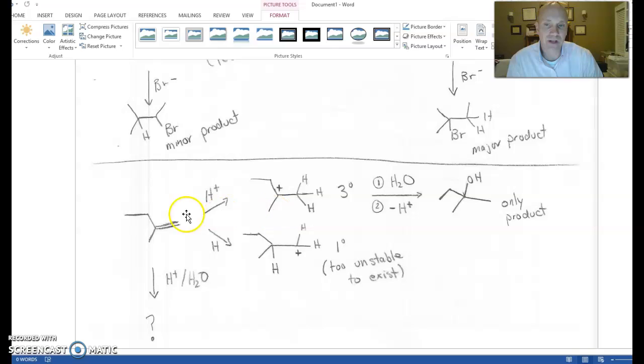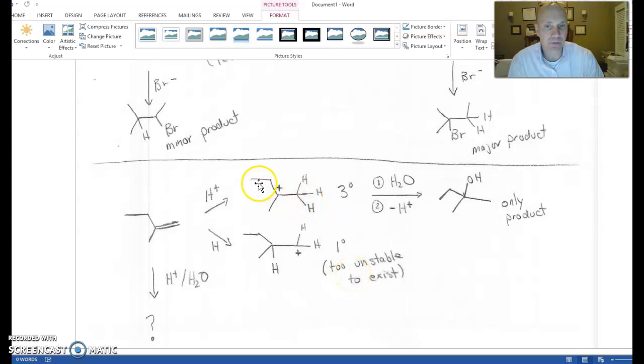All right, so if the hydrogen gets added to the right carbon, that creates a tertiary carbocation. If it gets added to the left carbon right here, that would end up making a primary carbocation. And one thing about primary carbocations is that they are very unstable.